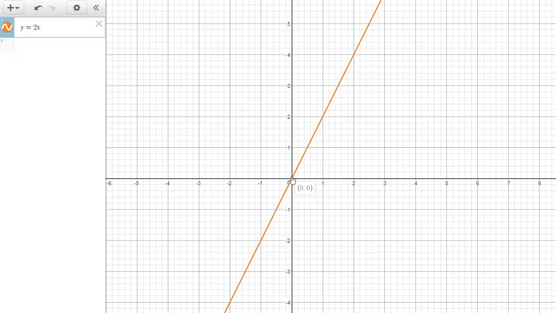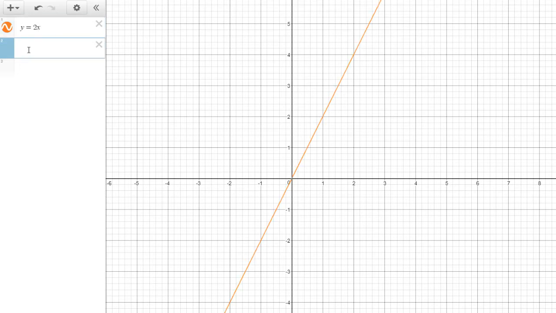So we would have to change the gradient so that the line there was a value which is along minus 2 and up 1, so the gradient there would be minus a half, okay, because it's in the minus direction for gradient, and we would go along 2 and down 1, so the gradient would be 1 upon 2. So let's just try that.